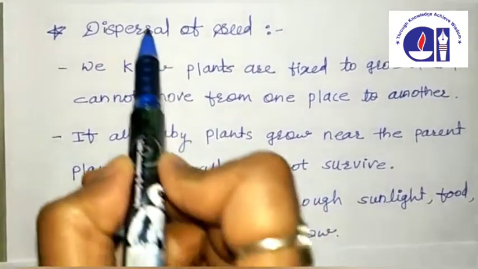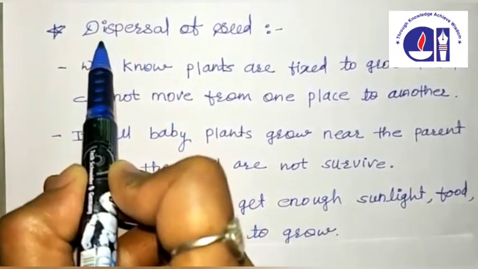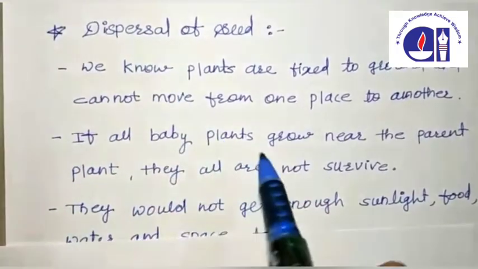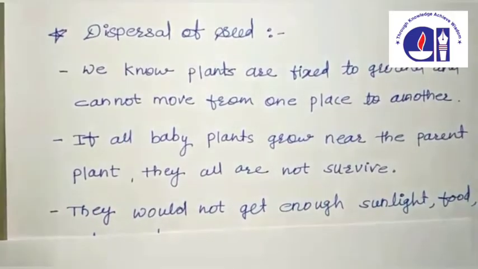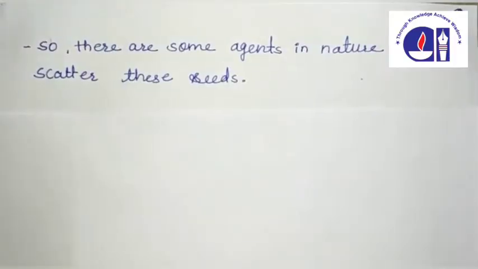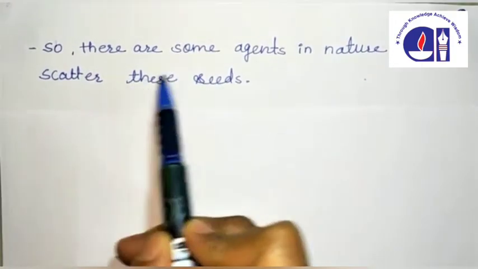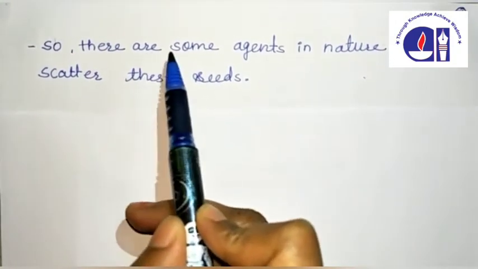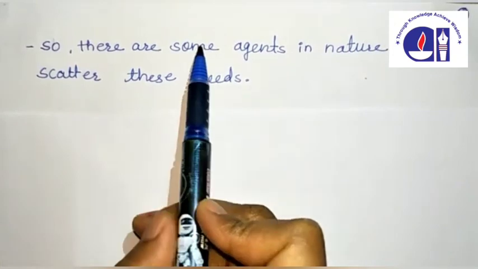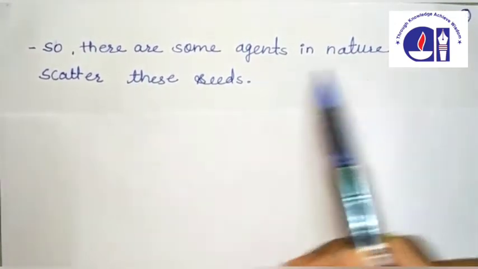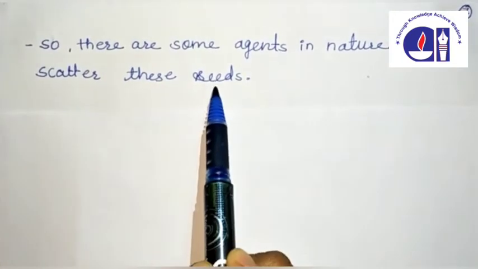So dispersal is necessary. What do you mean by dispersal? We will see here. See students, if the plant does not get favorable conditions, the seed cannot grow into a new plant. So there are some agents in nature that scatter the seeds.